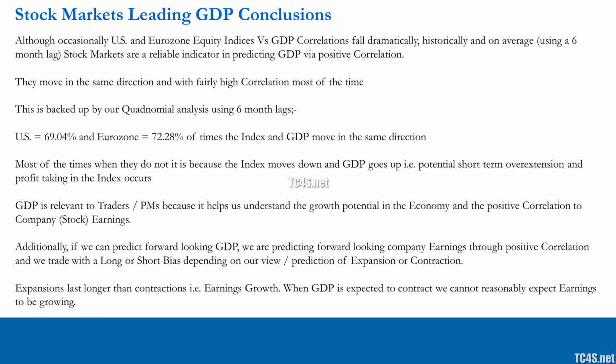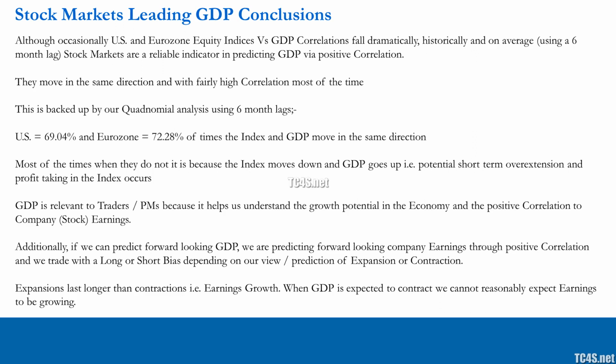The US, 69%, Eurozone, 72% of times, the index and GDP move in the same direction. So this is the situation in the quadnomial where we have the 0, 0 and the 1, 1. And in the statistical correlation analysis, it's in the quadrants, top right and bottom left.